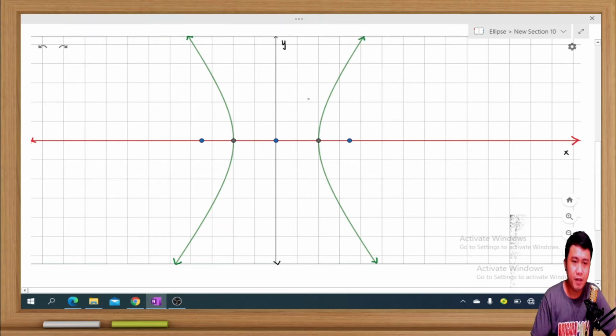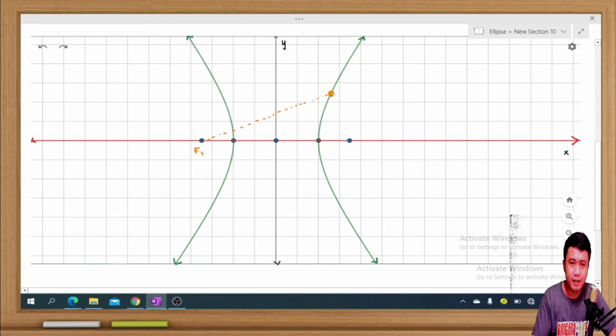Just for example, we're going to take here a point. May point tayo dyan, and we're going to connect this point to the first focus. For example, this is F sub 1.